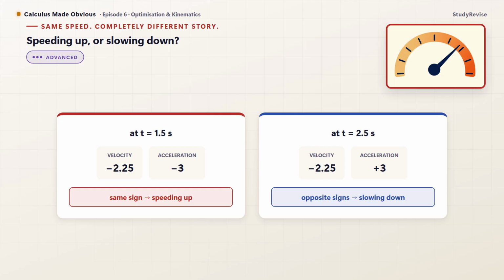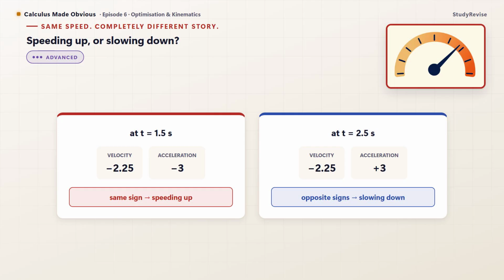At t equals 2.5 seconds, velocity is also minus 2.25. But acceleration is now plus 3. Opposite signs. The object is still moving in the negative direction, but it is slowing down. The positive acceleration is fighting against the negative velocity.